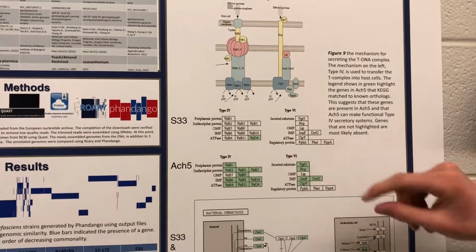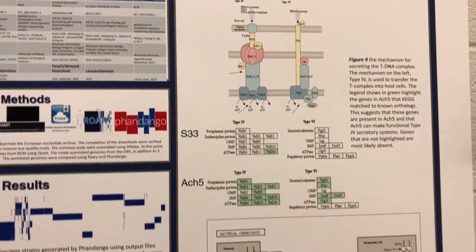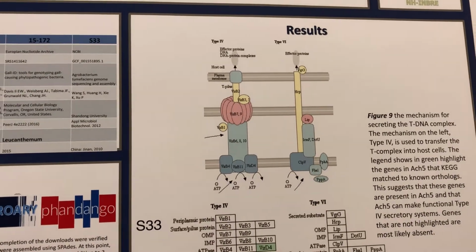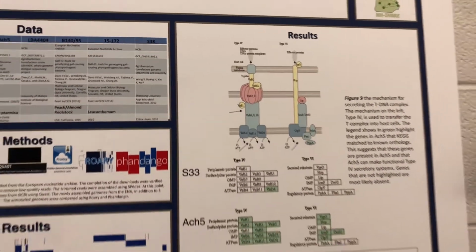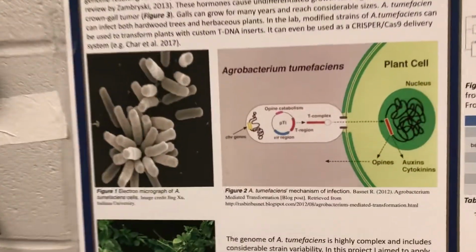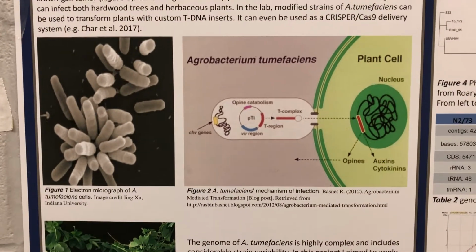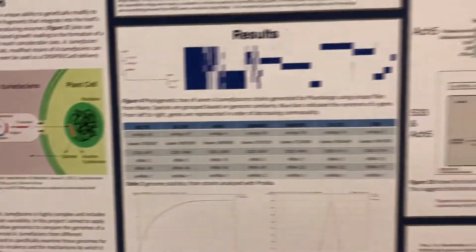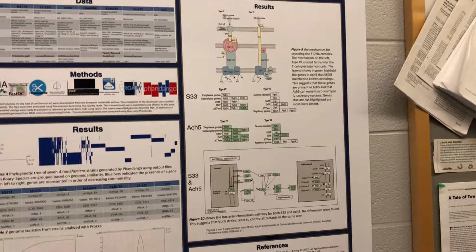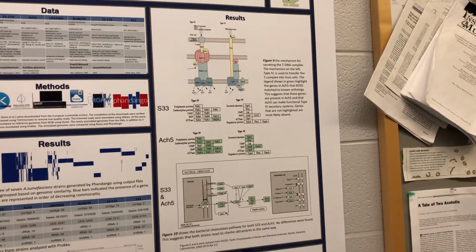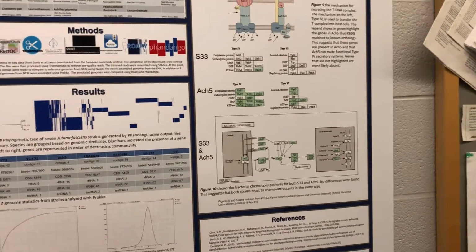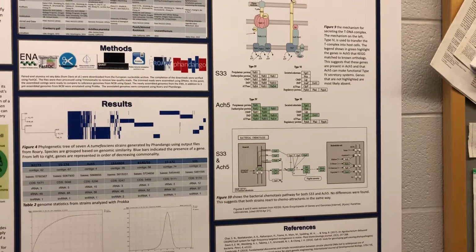Each of these genes codes for different proteins that are involved in the type 4 secretory system, which is over here. It facilitates the export of the T-DNA complex into the plant cell, and this strain, the S33, was deficient in many of the genes in that system.